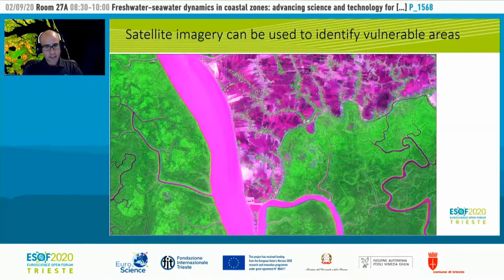And so we can use different types of satellite imagery to identify certain ecosystem structure and function measurements to identify these vulnerable areas. Here you're looking at a high resolution commercial satellite image over the Ganges-Brahmaputra Delta in Bangladesh.